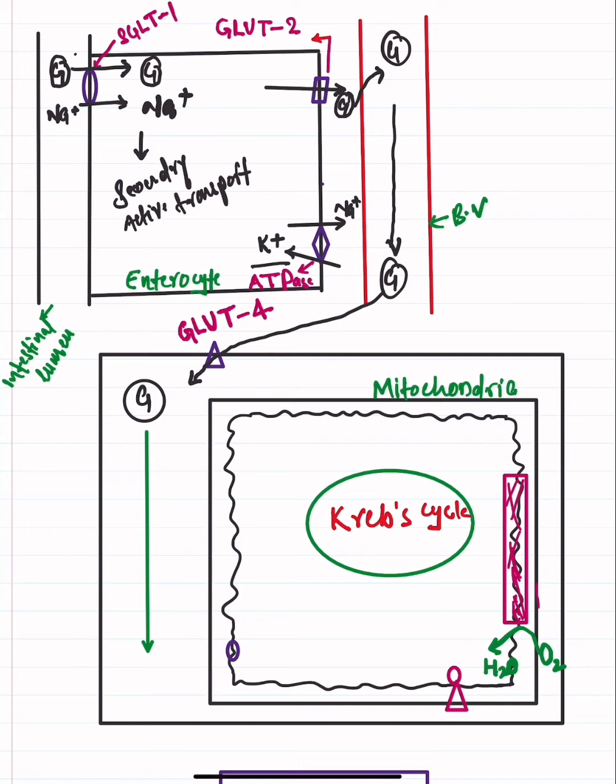It will move into the cell, and this function is done by GLUT transporters. Let's assume that the cell I'm talking about is a cell of skeletal muscle. That means GLUT4 is present there. I would love it if you would write down in the comment box what the other locations are where GLUT4 is present, right? So glucose will come inside the cell. In the cytoplasm of the skeletal muscle, glucose will change into pyruvate, right?